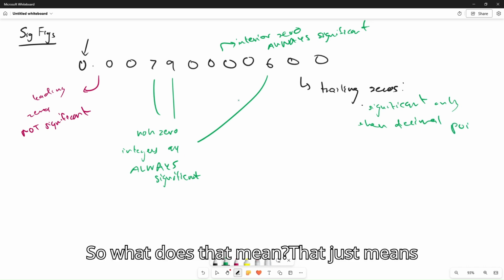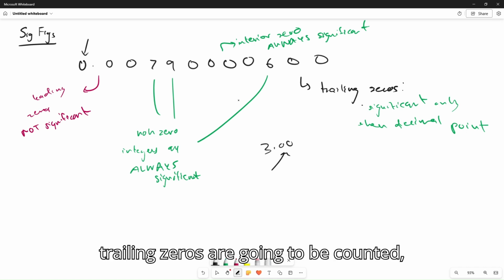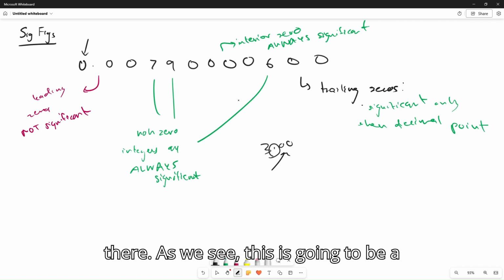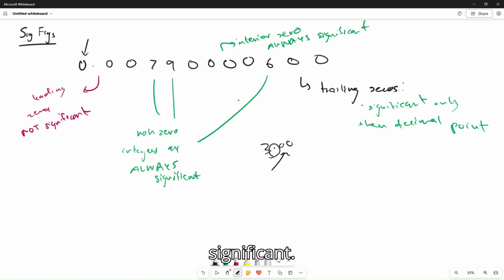So what does that mean? That just means that when there's something like 3.00, these trailing zeros are going to be counted because there's a decimal point right there. As we see, this is going to be a decimal, a huge decimal. So these trailing zeros are going to be significant.